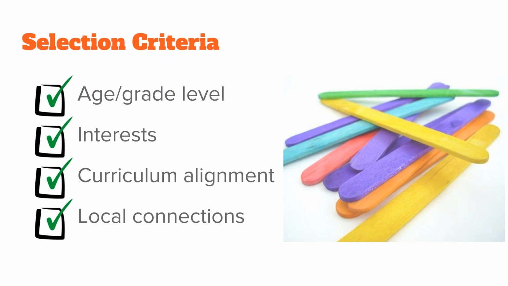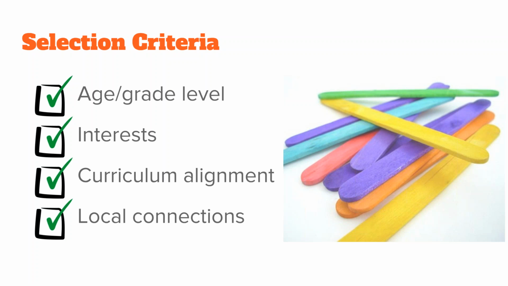A lot of times, even if somebody contacts me and says, hey, I'm working with a class that's doing a unit on space, can you help me out with some ideas, I'll just hop on Google and start typing, but it can be a little bit overwhelming. Like I said, there is a lot out there. So here are some things to consider when you're looking at how to sort and filter through all that data.